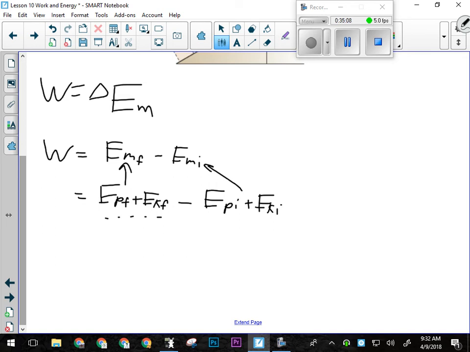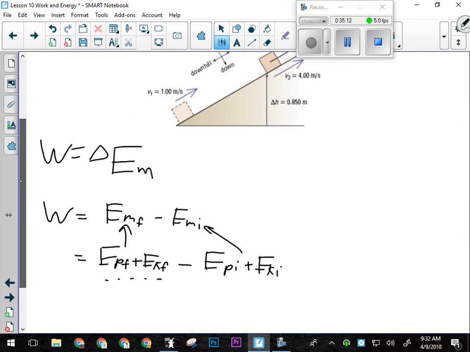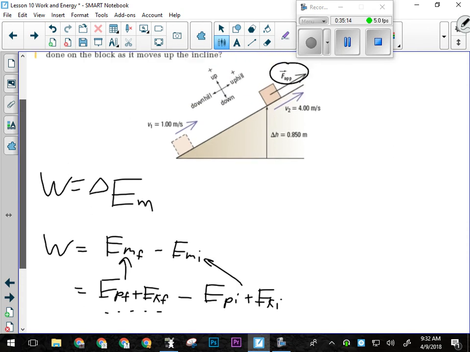Now we have to go back to our block here. This question starts, so the initial point is the bottom of the ramp. How much potential energy do I have at the bottom? None. So which one of these energies here can I take right off?